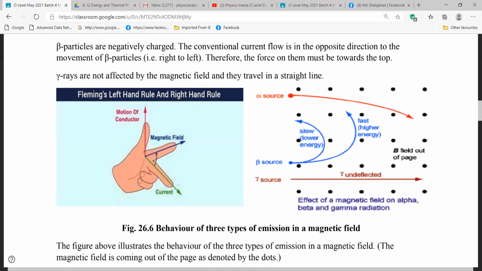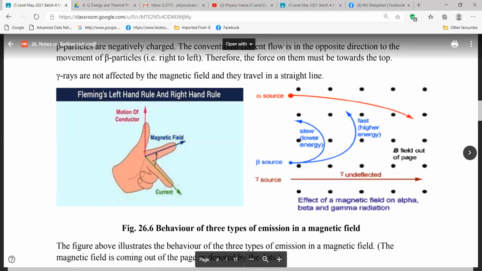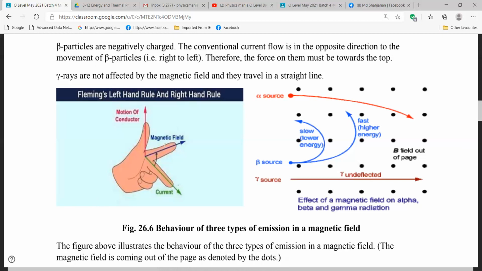Okay, understand, sir. Fleming's left hand rule. Look here, magnetic field. Magnetic field is in the index finger, right? And current is in the direction of the second finger or middle finger, whatever you say.